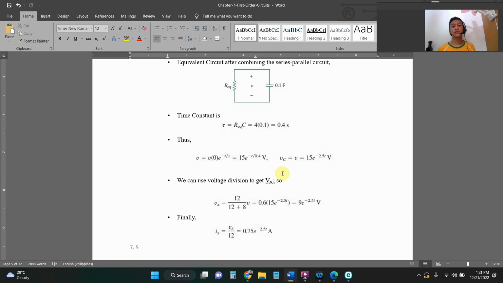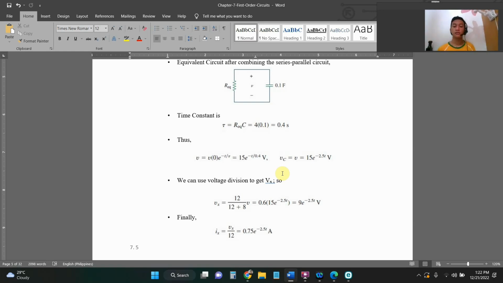We can use voltage division in finding V sub x. So V sub x is equal to 12 divided by 12 plus 8, which gives 0.6, multiplied by 15 e raised to negative 2.5 t, and we get the value of V sub x as 9 e raised to negative 2.5 t.